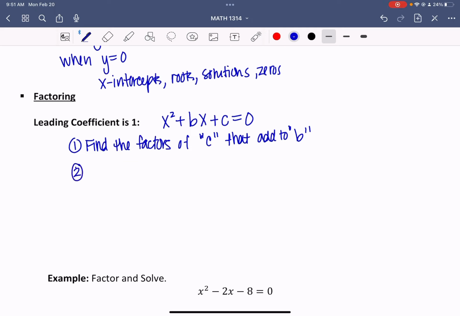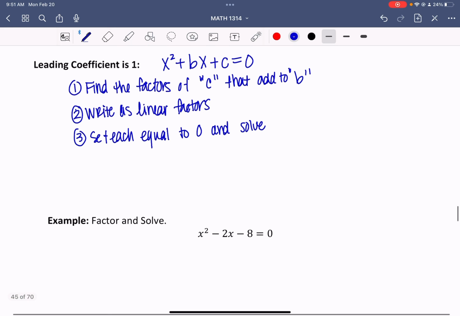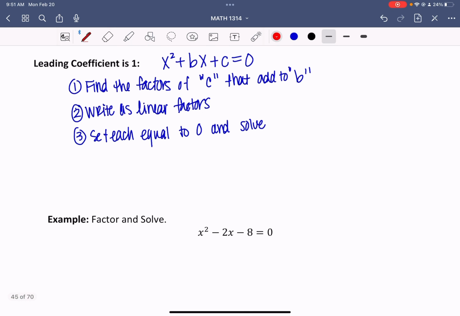Then step 2, we're going to write it as linear factors. And then step 3, you're going to set each equal to 0 and solve. This is known as using your zero property. So let's use that as a basis and look at this example here.